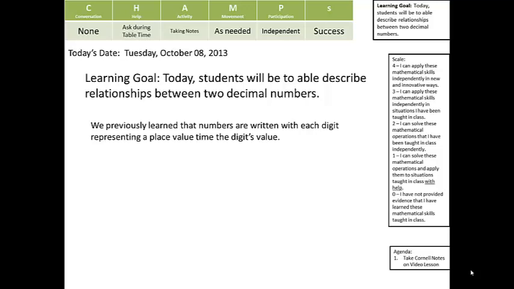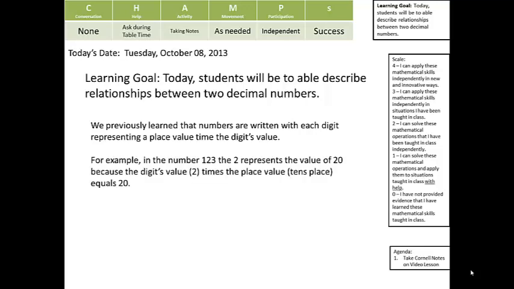We already know, we learned this in the first unit, that when we write each digit in a number, it represents a certain place value. And if we take that digit and multiply it times the place value, it gives us the actual value that digit represents. So here's an example to refresh your memory.